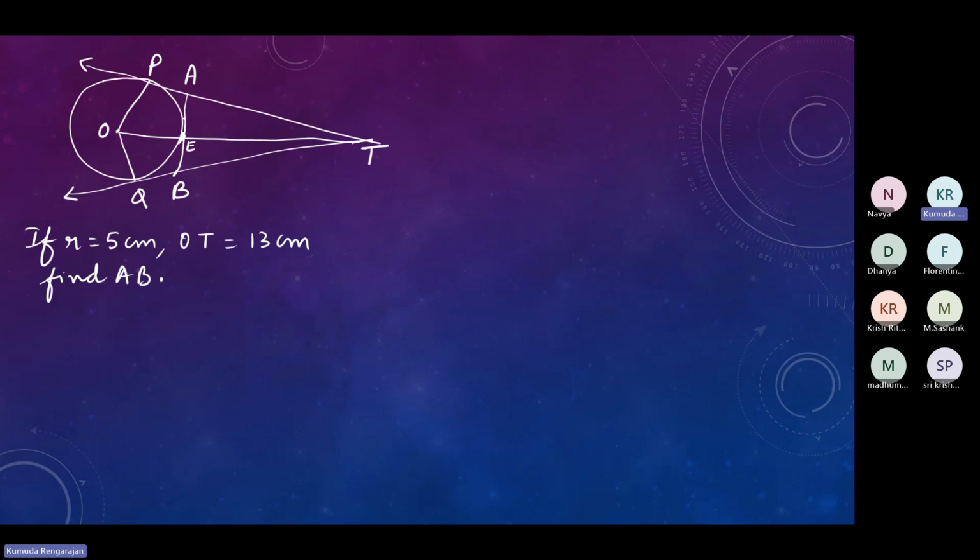So here you see a circle with center O. T is an external point to the circle, and from this external point, we have two tangents, TP and TQ. The circle has center O, radius 5 centimeters.